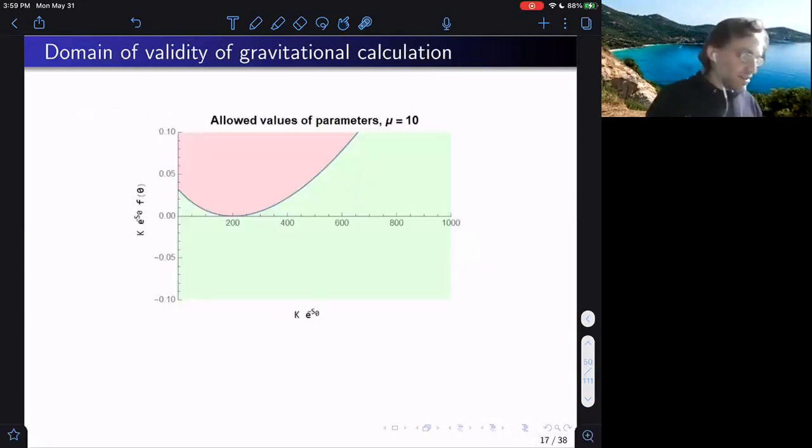Okay, so I mentioned earlier that this gravity calculation of summing over all the end of the world branes can break down in a certain regime of parameters, and I want to show that over here. On the x-axis, I plot k. On the y-axis, I plot the value of a constant additive term that could shift the value of f. In this talk, I'm focusing on this regime where we're just on this line.